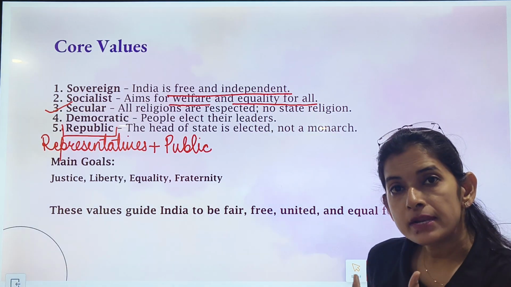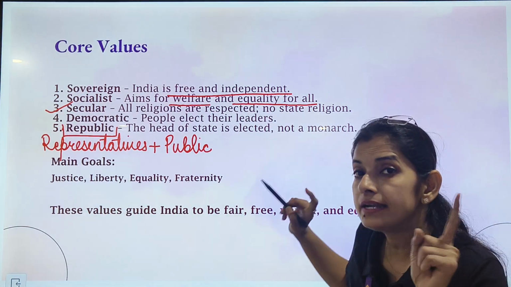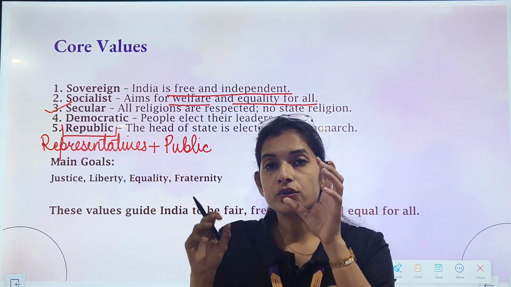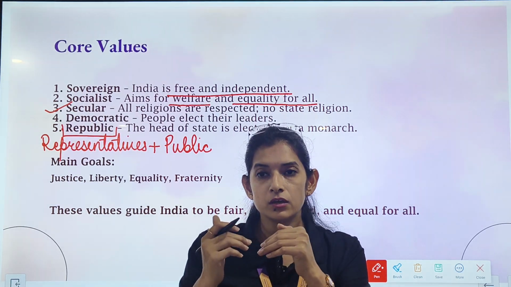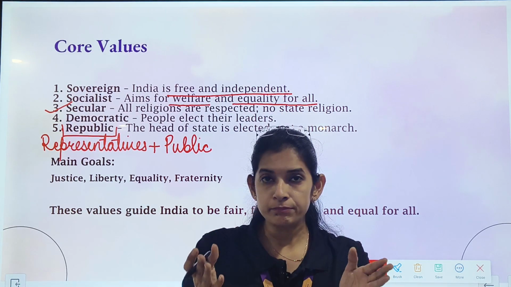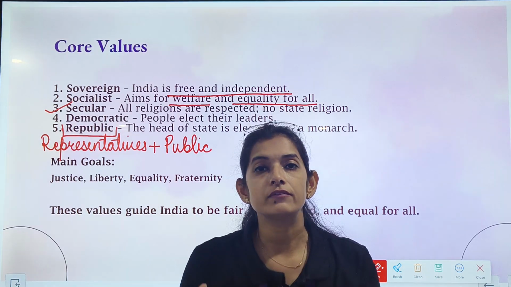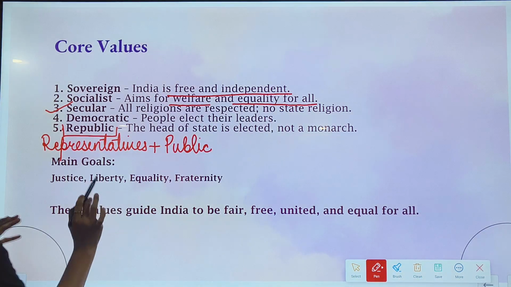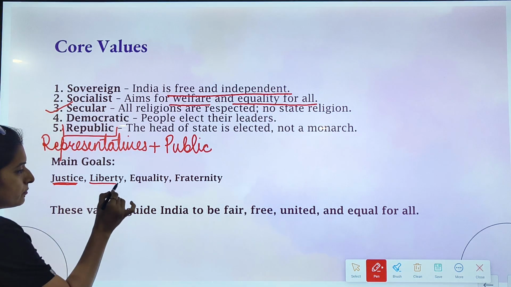So, republic means whenever the head of the state is elected, but he is not considered as a monarch. Clear? So, republic means that the person would be elected, and he would be ruling the country on behalf of the people, but he is not a monarch. He is actually considered as a servant of the people. Clear?